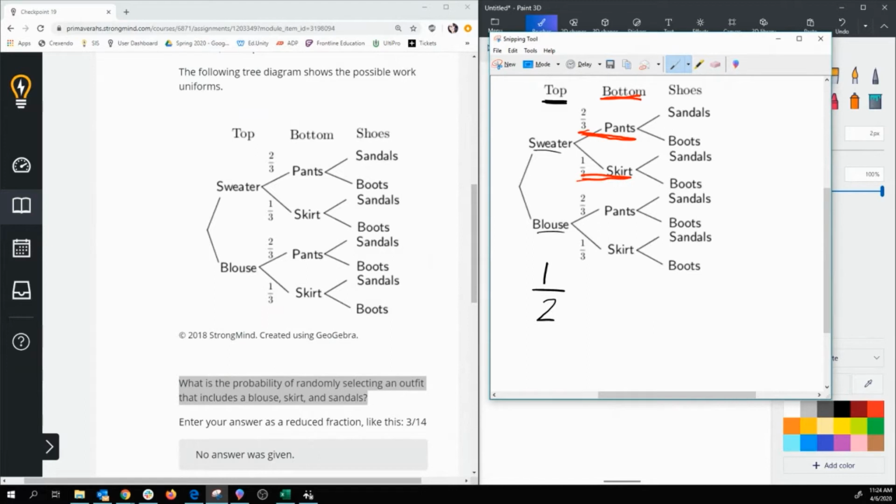So instead of having 3 branches that say pants, pants, skirt, they kind of shrunk it and made it not as long as it normally would be. So since the question is asking us for the probability of a skirt, what fraction is in front of skirt?